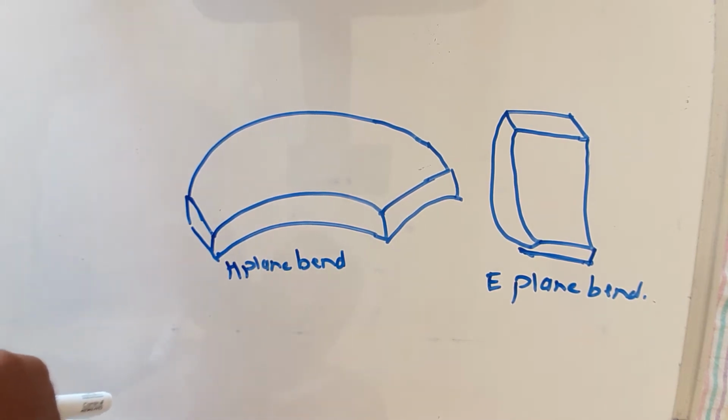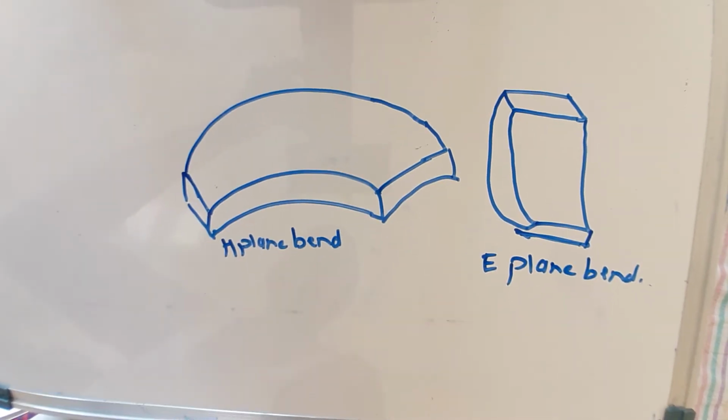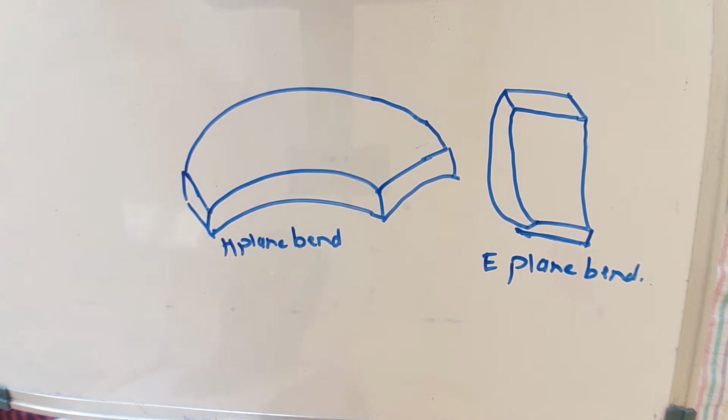So in this process, bends are used to change the direction of propagation, to convert a wave propagating along the z-axis to the x-axis or vice versa. But what is the main problem of a bend?